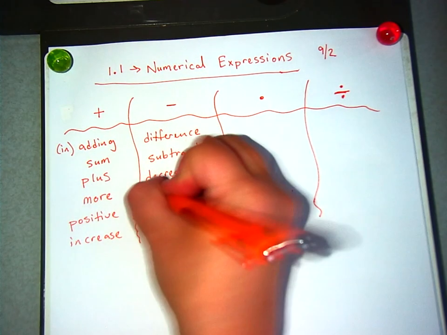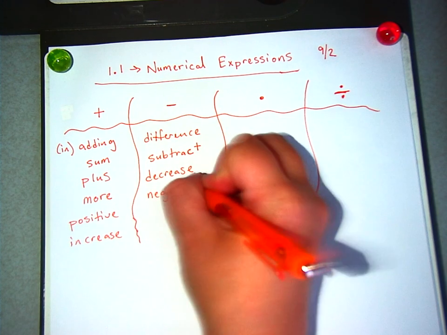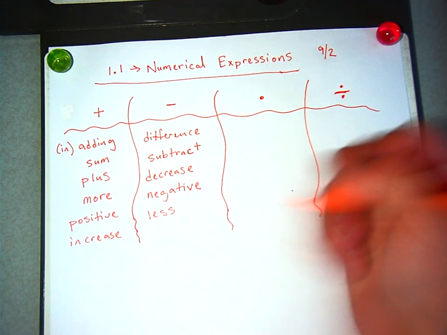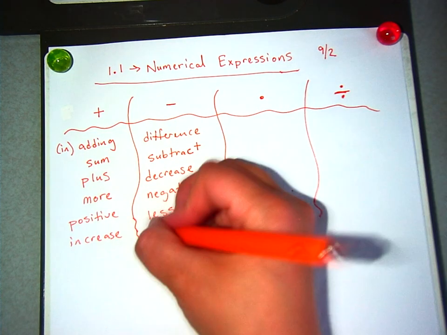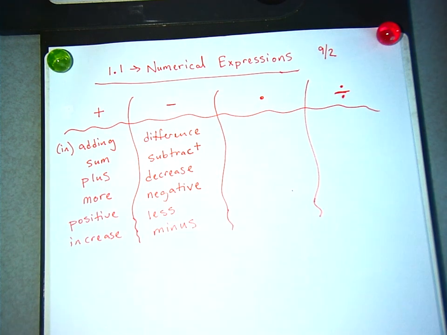Negative. The first column's kind of helping us now, isn't it? Less than. Minus. Okay. We got them all?